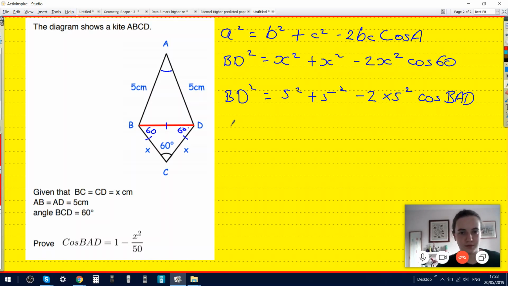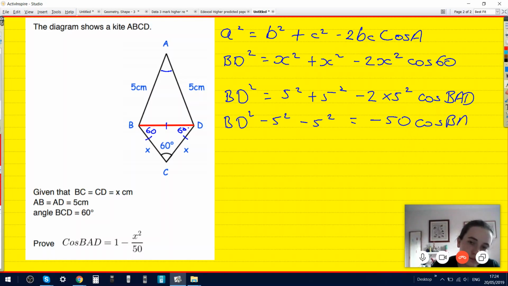No, wait. BD squared minus 5 squared minus 5 squared plus 2 times 5 squared equals... No. So let's say that would be equal to, so minus 2 times 5 squared is minus 50. And so it's times cos BAD times minus 50.